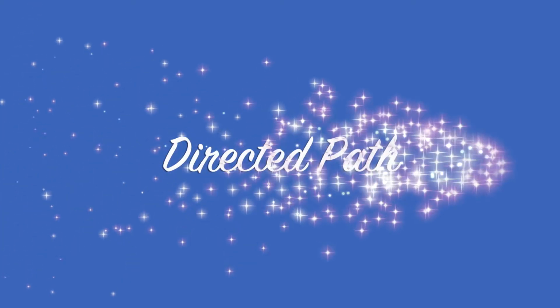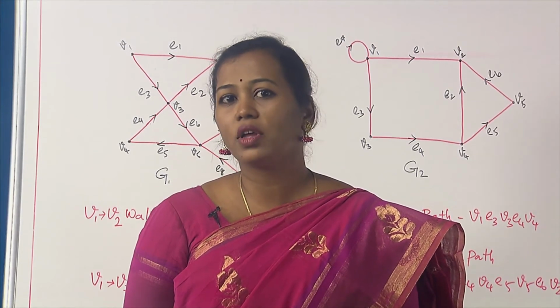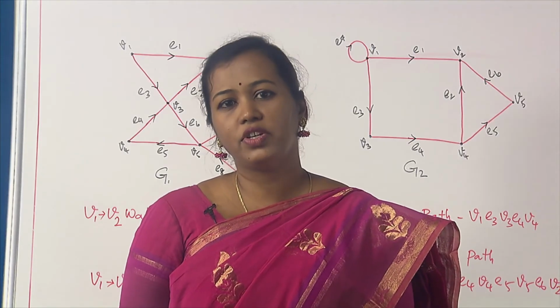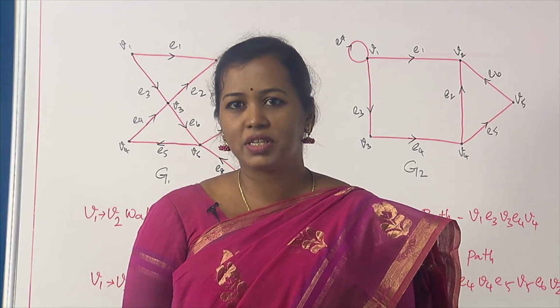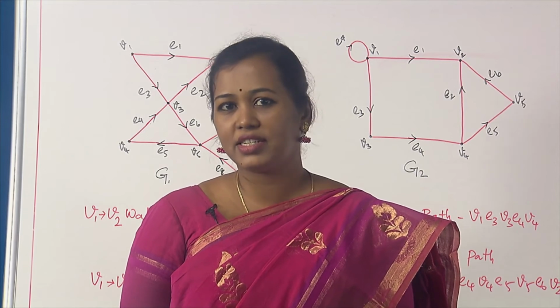A directed path in a directed graph is a walk where all the vertices in the walk are different. A directed closed walk in a directed graph is a walk where V0 is equal to Vk. A directed cycle in a directed graph D is a closed walk in which no vertices except the initial and the final vertices are repeated.